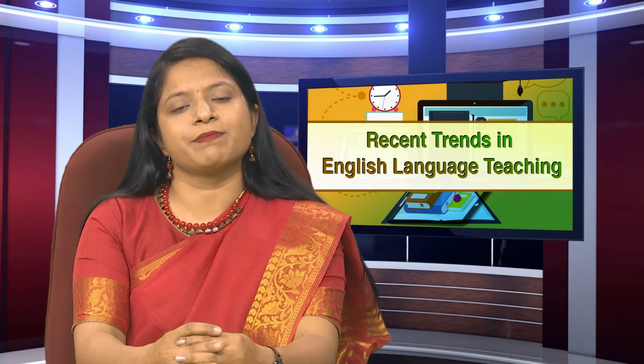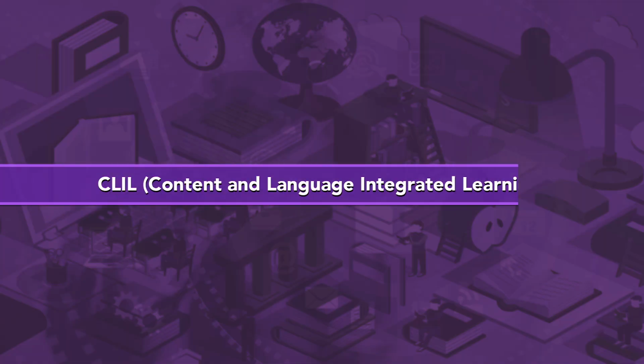So students get a chance to learn English from a global perspective. CLIL means the content and language integrated learning method gives a chance to learn language at a global level.